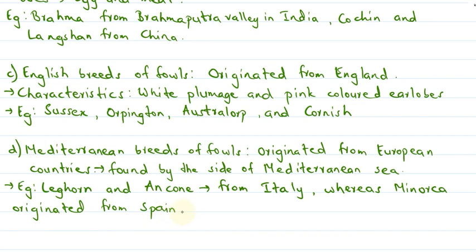These breeds are light-bodied with non-feathered shanks, and the fowls of this class lay white-shelled eggs, and they are non-sitters.